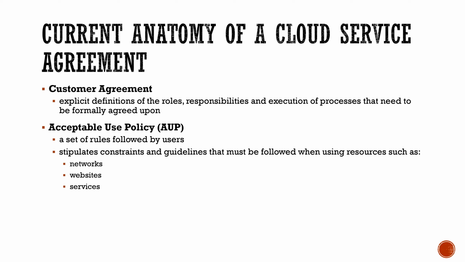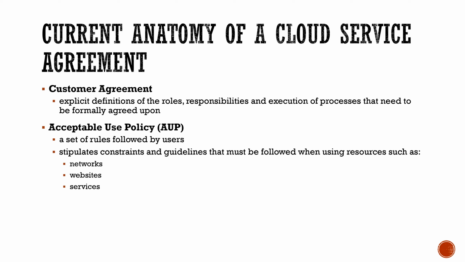These customer agreements are typically legally binding documents. In fact, all of these artifacts are legally binding agreements. This one in particular defines what the cloud service provider does and what the customer does.